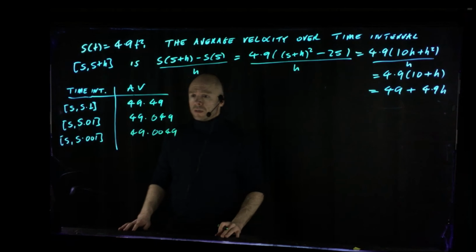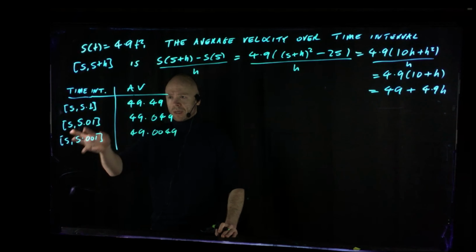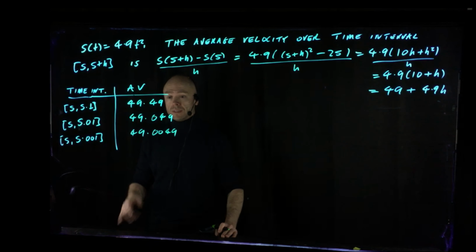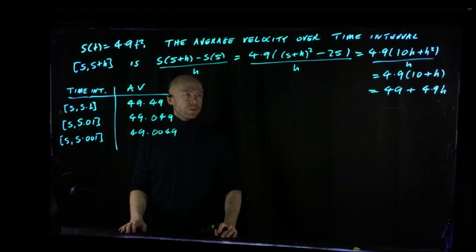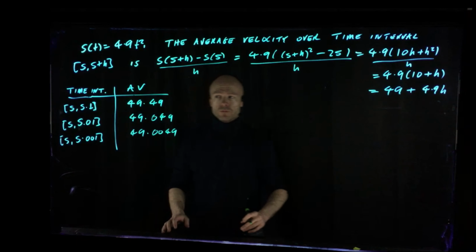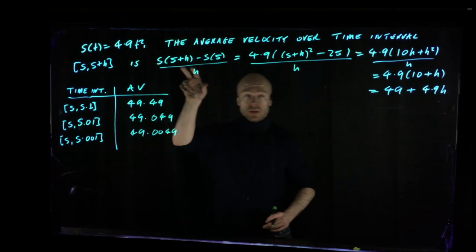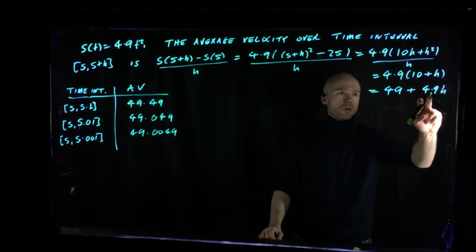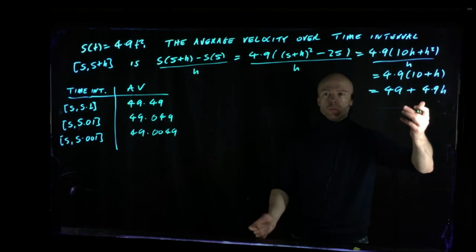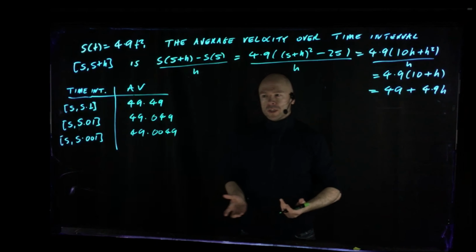Yeah? Cool. So it looks like as we take smaller and smaller time intervals, we're tending towards the velocity 49 meters per second. And even if we don't do this, as h gets smaller and smaller, then this part's going to get less and less important. So it just seems reasonable to us, right?